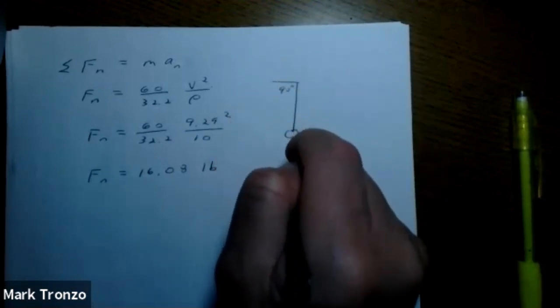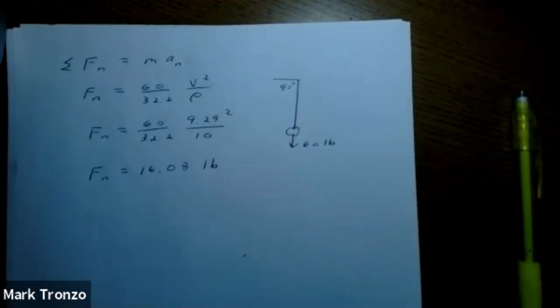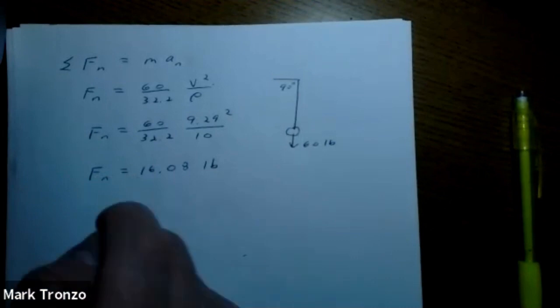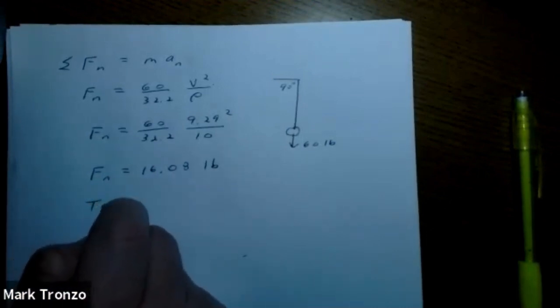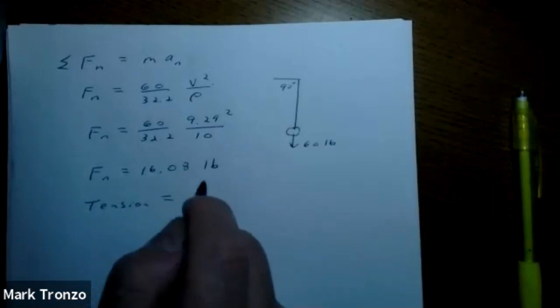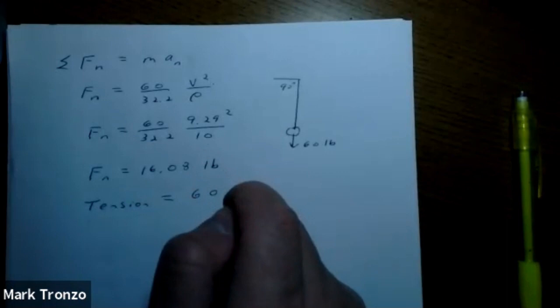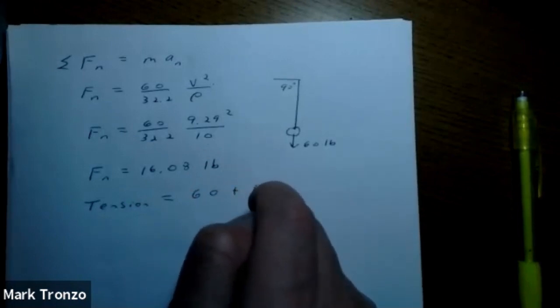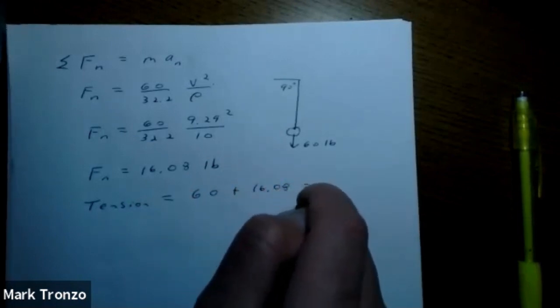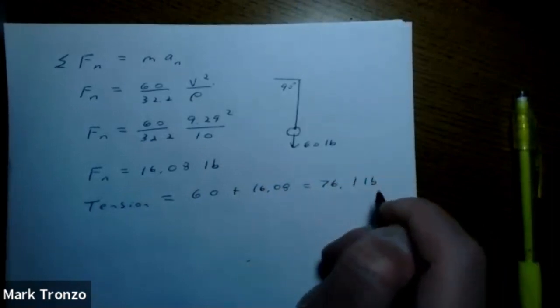He's here at 90 degrees, and he also has 60 pounds pulling down. So the tension is going to be equal to this 60 pounds plus this 16.08, which is 76.1 more or less pounds.